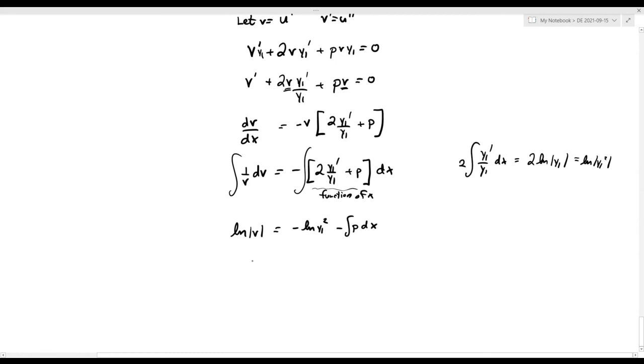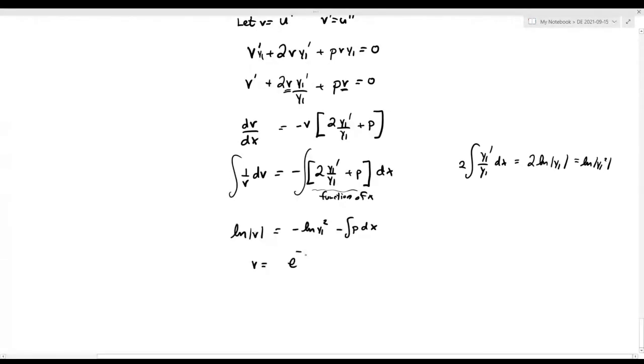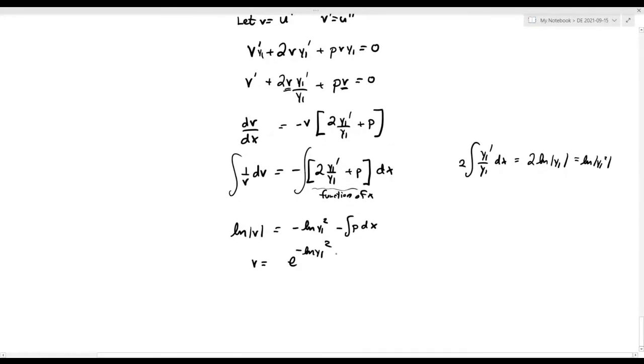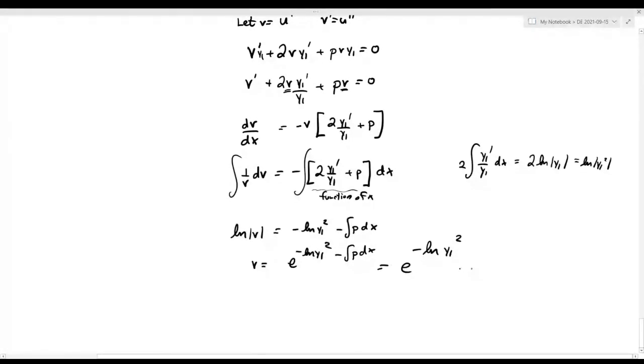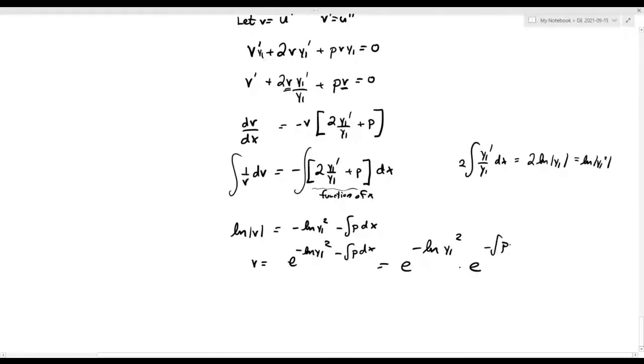So then we exponentiate, and our solution is any multiple of the following.